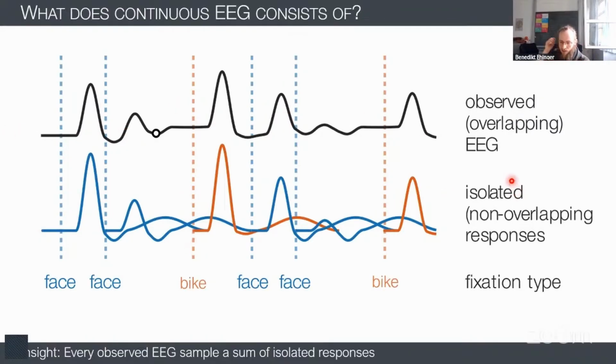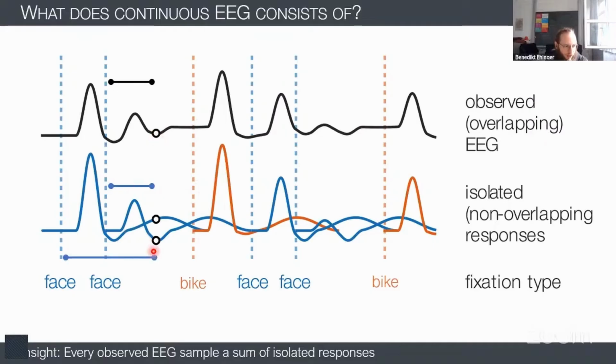And I think the key insight you have to have is what it means to have activity here. This activity has, of course, a certain distance to an event. And if we think of this hypothetical non-measurable space here, then we know that this event might have activity that will be measurable in the observed, overlapping EEG.